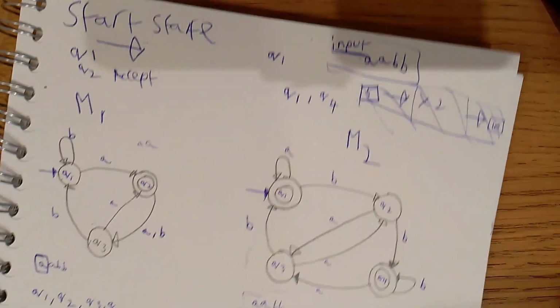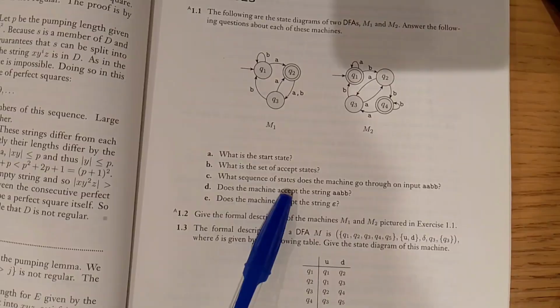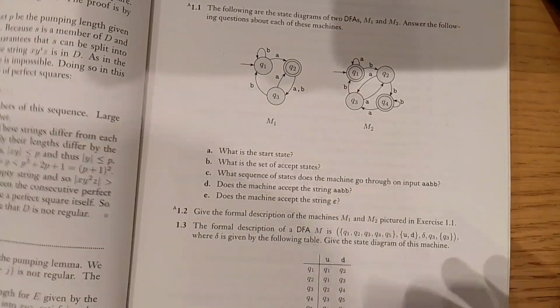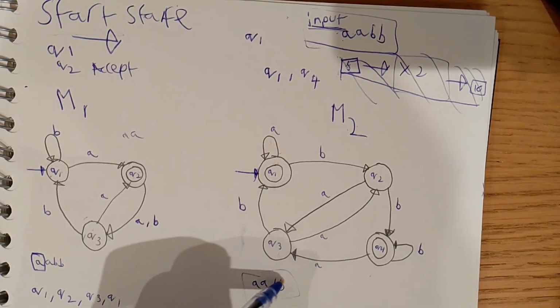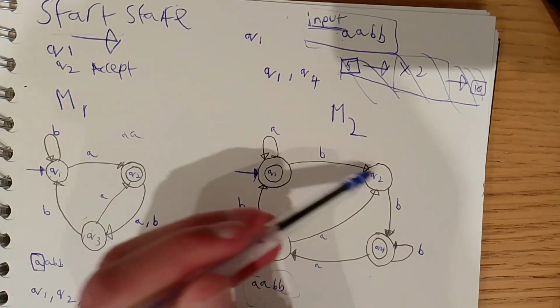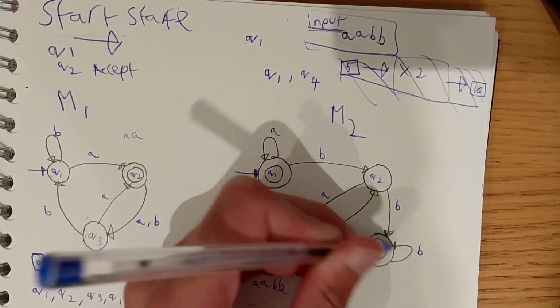Now, it says here for part D, does the machine accept the string AABB? This means that when you do the last transition, does it end up in the accepting state?